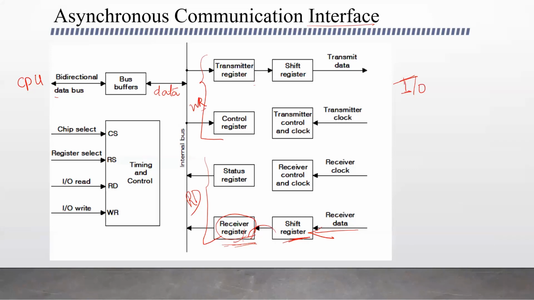On the receiver side, when there is data to be received, it is received by the shift register, which removes the start and stop bits and transmits it to the receiver register. The status flag is set to show that the receiver is full. When the receiver is full, the CPU receives the data from the receiver register.